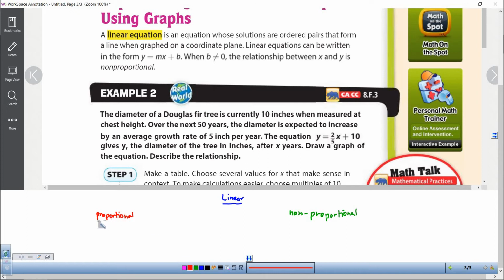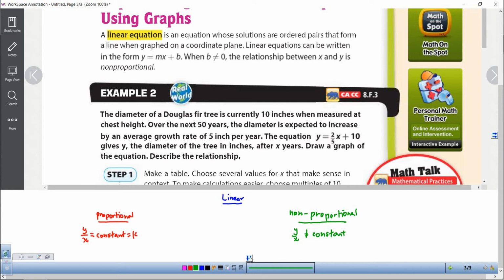So what makes the relationship proportional and what makes it non-proportional? If it is proportional, then for any given ordered pair x, y, y divided by x is equal to a constant, which is equal to k. For a non-proportional relationship, y divided by x is not equal to a constant.